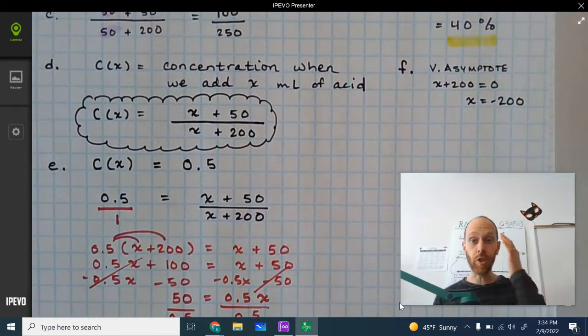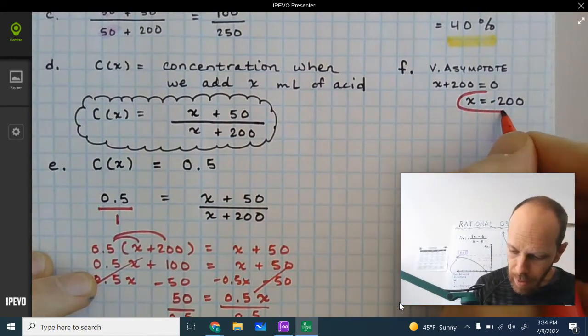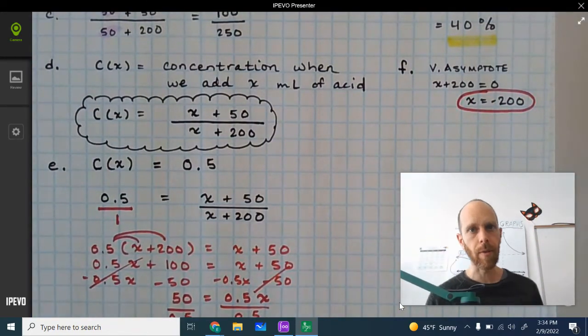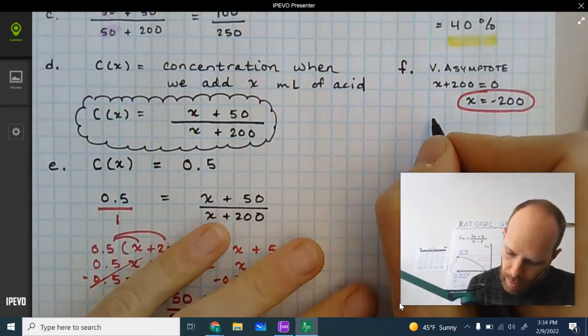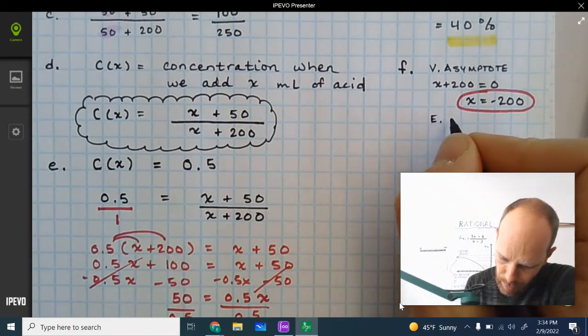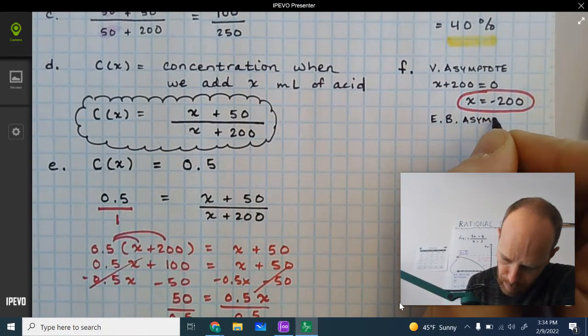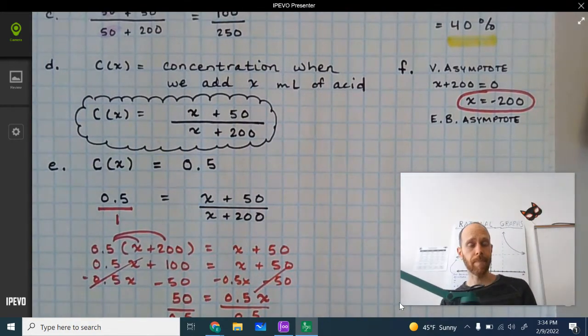Now, this is not a super meaningful asymptote for us because there's no way that we could ever put negative 200 milliliters of acid into the beaker. The end behavior asymptote, on the other hand, this one's a little more interesting.